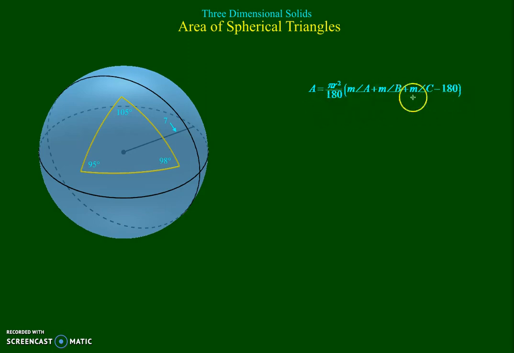And if we wanted to actually apply that in this problem, we would simply plug in our values. So we would have pi times 7, 7 is the radius, divided by 180, times angle 1 plus angle 2 plus angle 3, so 95 plus 105 plus 98 minus 180.